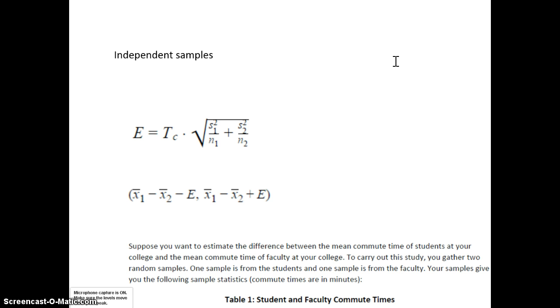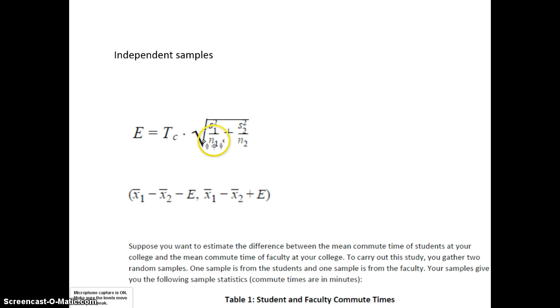Now, if we were to look at a confidence interval, the margin of error is the t-critical value, and again, we'll be supplied the degrees of freedom. And this is now the formula for the standard error. We have two sets of data, so we have one sample standard deviation and another sample standard deviation.